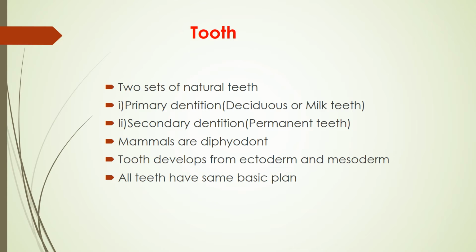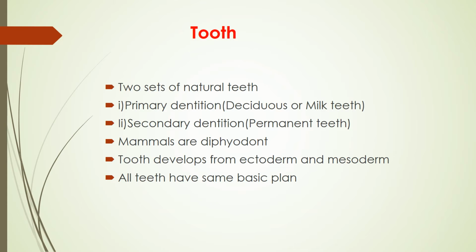Hence, mammals are called diphyodont type. Diphyodont means two sets. Upper side half number of teeth are found, and lower side half number of teeth.